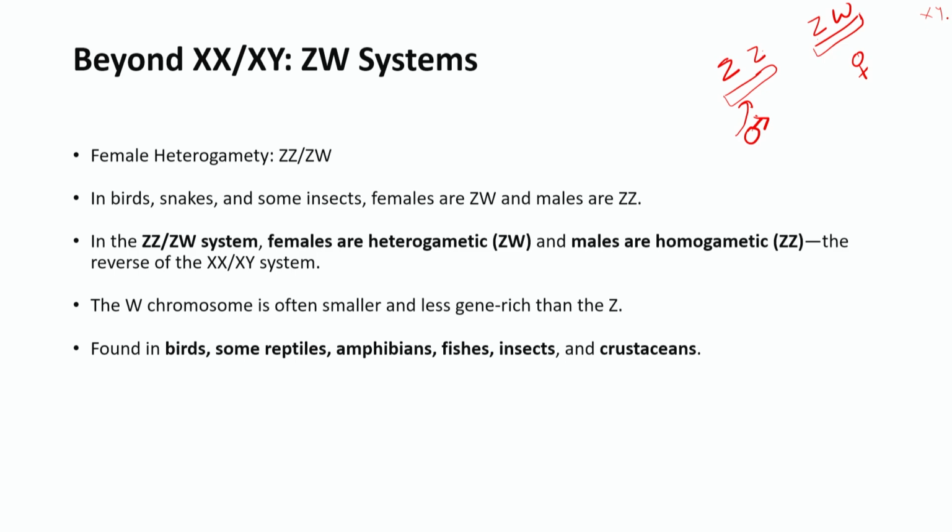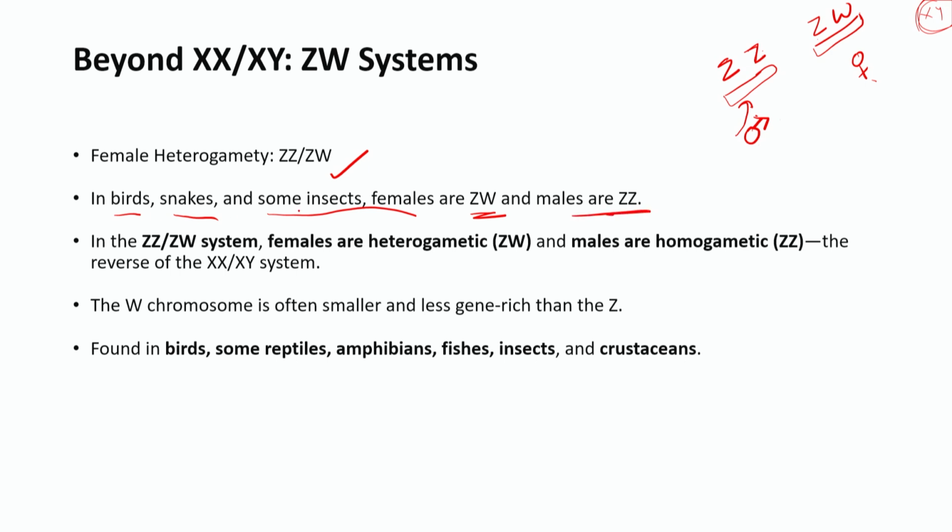And that is why they have not used the same sort of letters, because then it would be very confusing when we are saying X is a female and XY is a male, and sometimes we start saying the opposite. So what convention are we using here? ZZ for male and ZW for female. So the female is heterogametic. Birds, snakes and some insect females are ZW and males are ZZ.